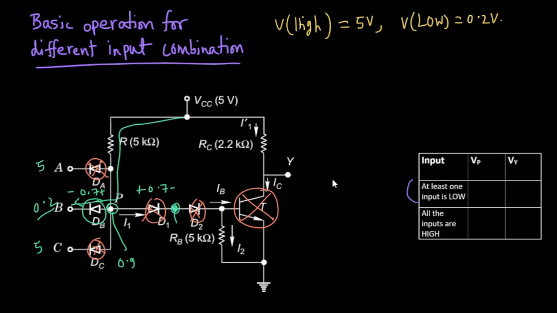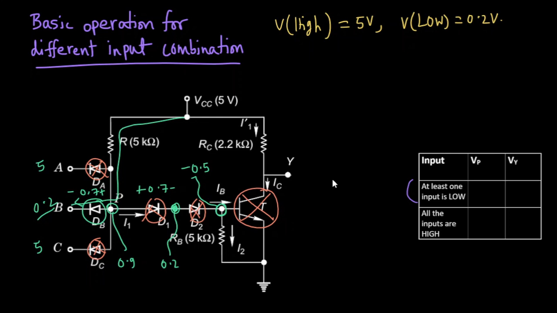It will be 0.7 volt lower than 0.9, that is 0.2 volt. And also assume that the diode D2 is on, so there will also be a 0.7 volt voltage drop across the diode D2. The node voltage of this node will be 0.7 volt lower than 0.2, so it will be negative 0.5 volt.